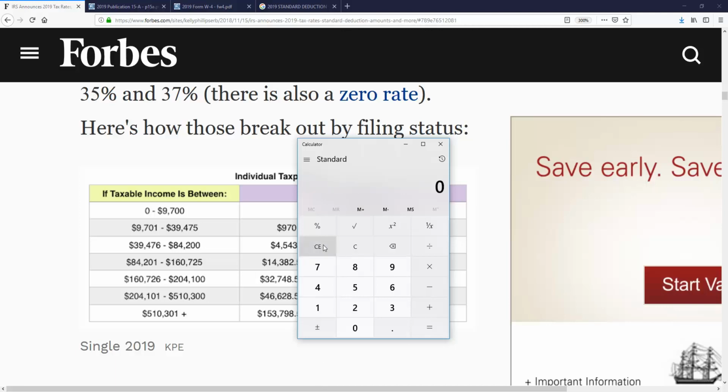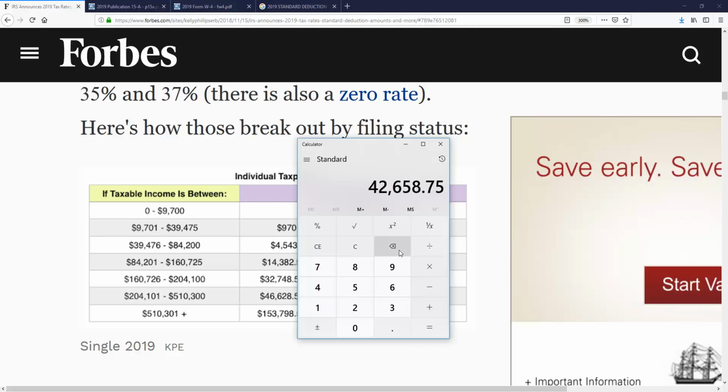October 1st comes around. You look at your pay stub and you say, so far I have made, let's just say, $34,127. It's October 1st. So now you're going to take that number and multiply times 1.25.